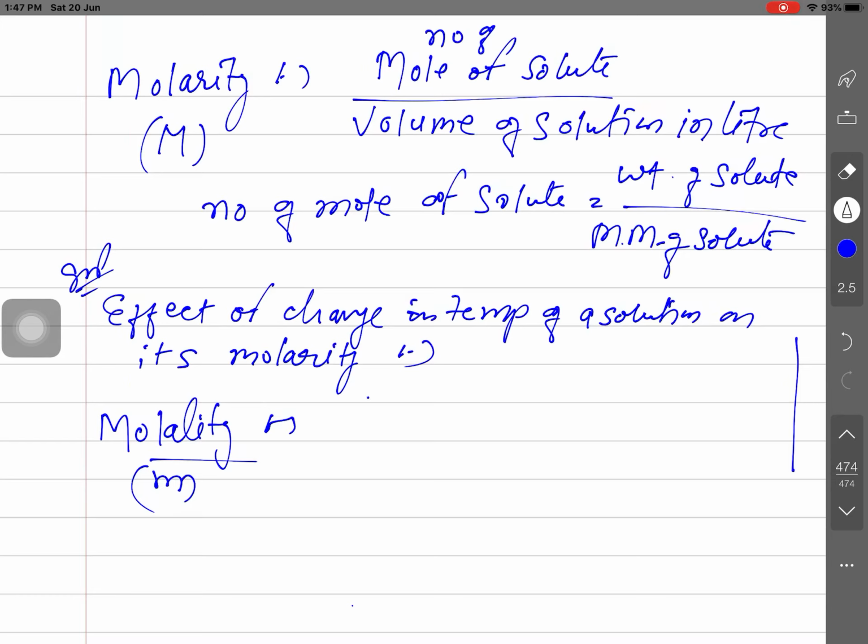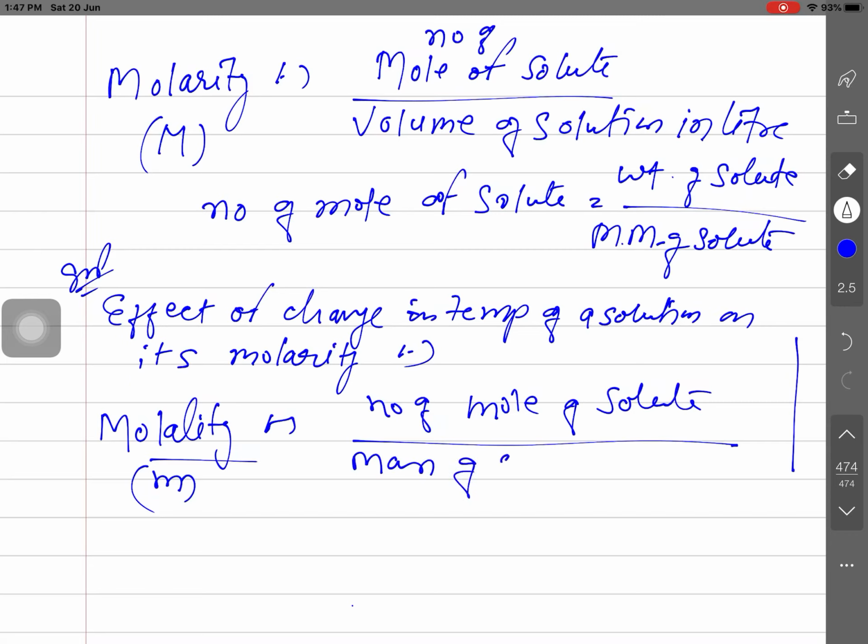It is the number of moles of solute dissolved in the mass of solvent in kg. This is the formula of molality. It is expressed by small m. It is also called the kg concept.